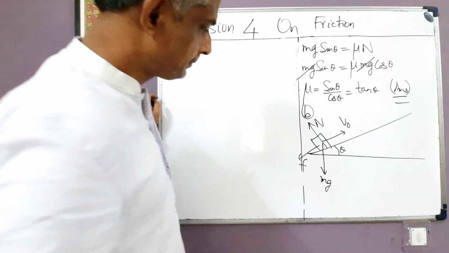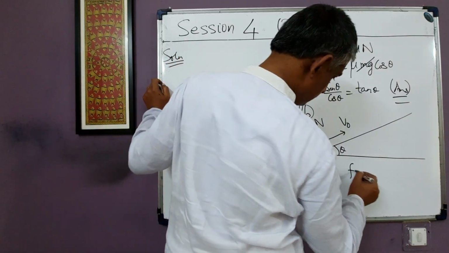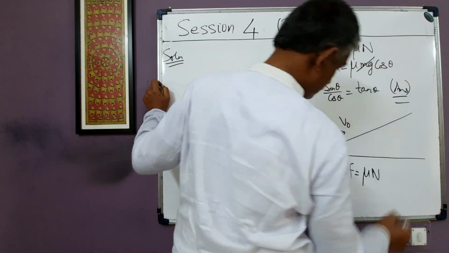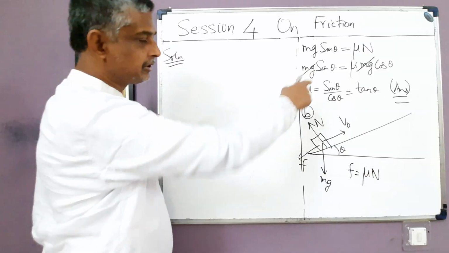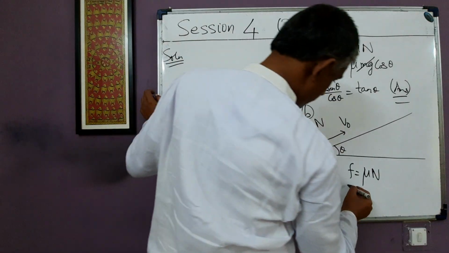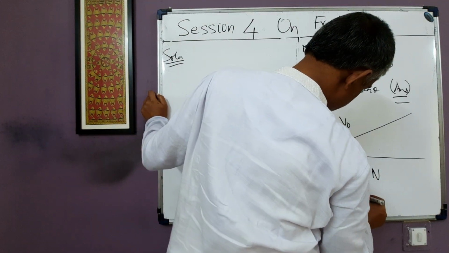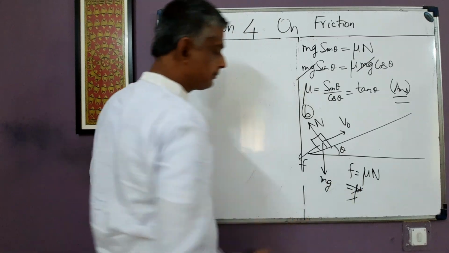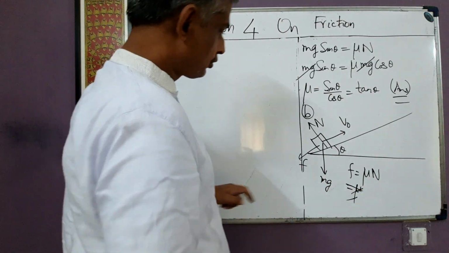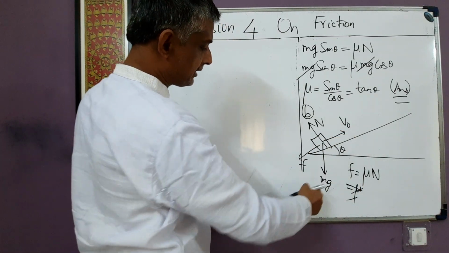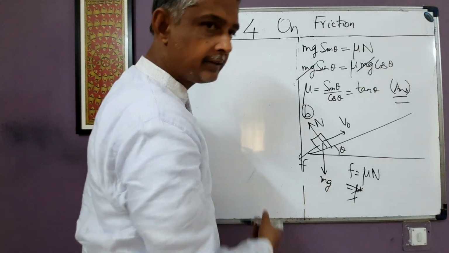of relative slip. Since slipping is taking place, F will just be equal to mu N, and mu has been determined to be tan theta. So F is tan theta into N. So the net force on the block down the incline is mg sin theta plus F down the incline.